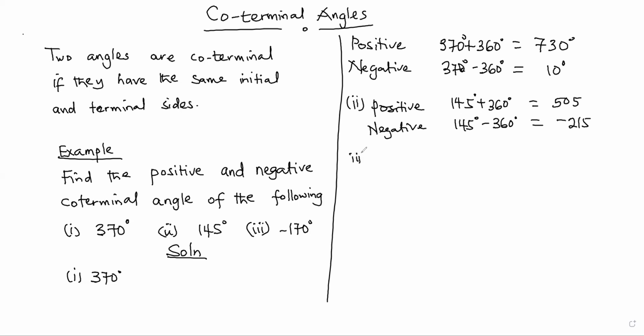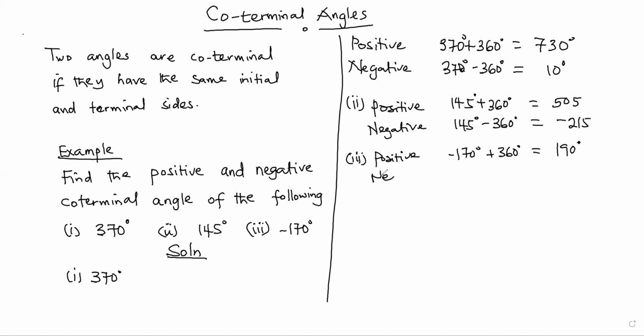Let's come to the third question. So for this question, basically what we are doing is just adding 360. So we have negative 170 degrees. And with negative 170 degrees, we'll add 360, the positive side, and we'll be having 190.